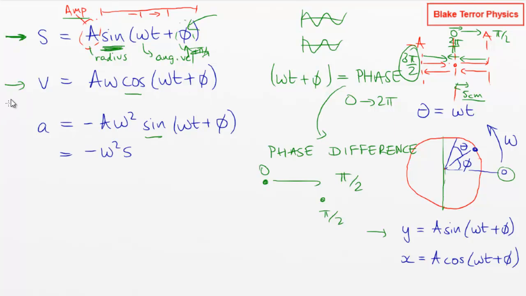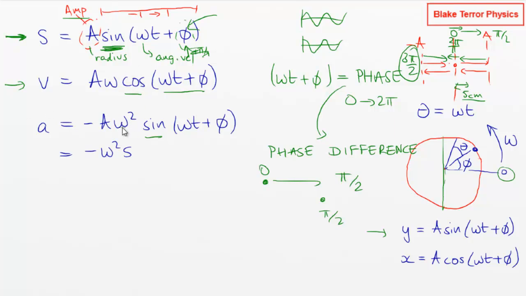Now let's have a look at the velocity. We can say that our maximum velocity, when is this going to occur? It's going to occur when the phase is equal to 0 or pi, because we want the cos to be 1 or minus 1.